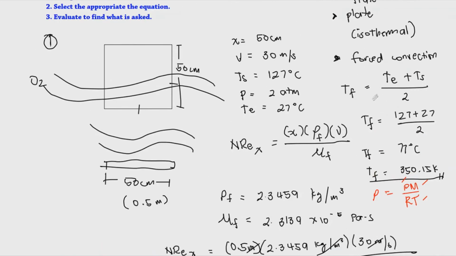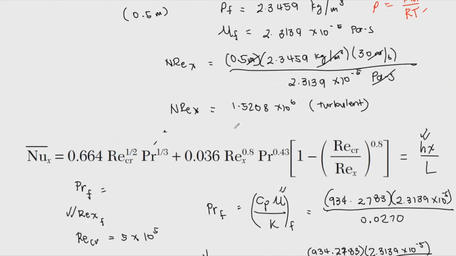And if, for example, you just use the free stream temperature instead of the film temperature, then that will be marked wrong immediately, since you should always understand that the fluid is in contact with this plate, so it should have some kind of heat exchange, and you should consider the temperature that is in between, not just the fluid temperature, or simply the temperature of the solid.